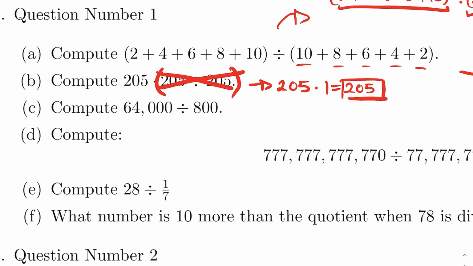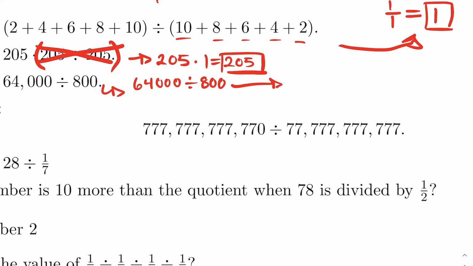So let's go ahead and compute next for C. 64,000 divided by 800. Well, I'm going to write this in another form where I will have 64,000 over 800. And I'm going to go ahead and cancel out these zeros right here such that I get 640 divided by 80.